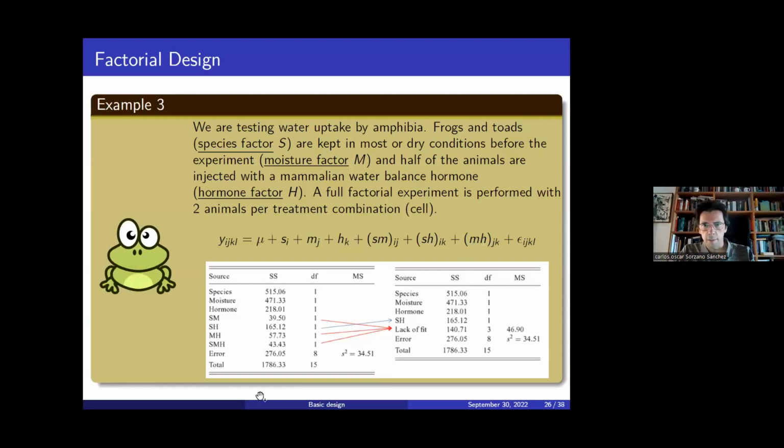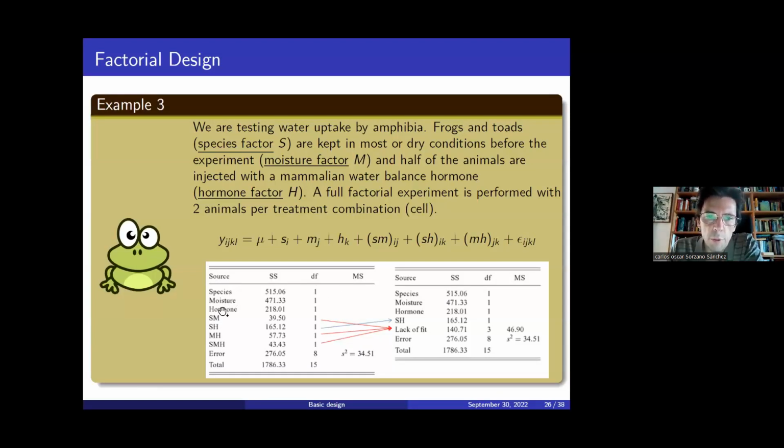We don't have the triple interactions in the equation, but you can include them. When you analyze your ANOVA table, for species you had 2 levels, so you have to pay only 1 degree of freedom.